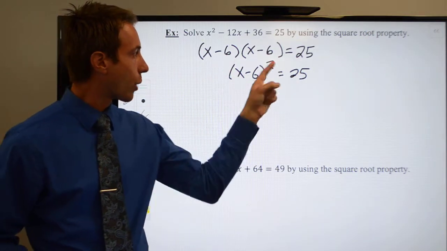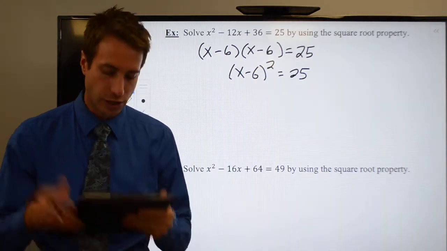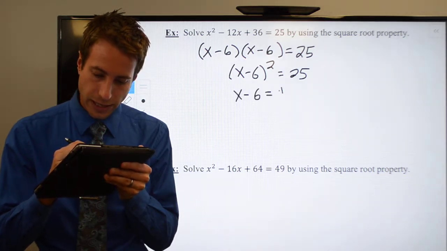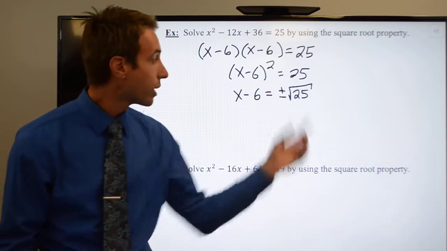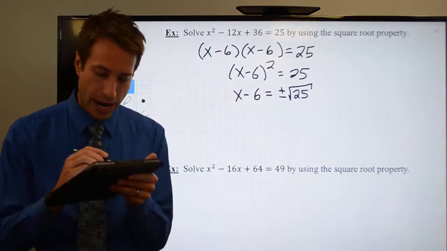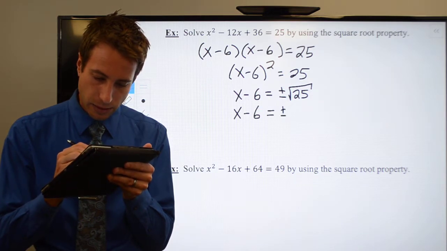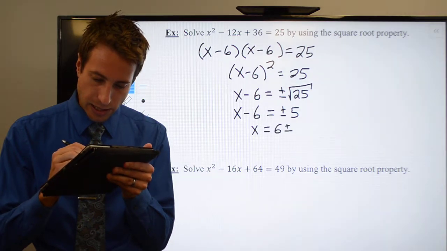When I take the square root of x minus 6 squared, the square root and the square cancel each other out. Don't forget to do plus or minus. And 25 is a perfect square. So once again, a nice, neat problem comes out. Plus or minus 5.